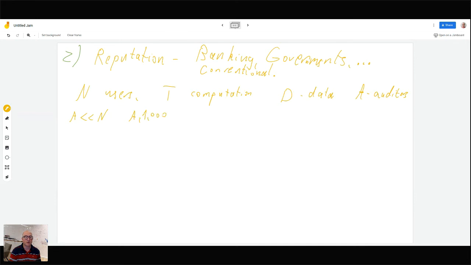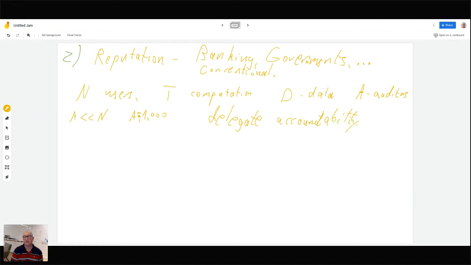So these are the accountants, the lawyers, the regulators that are coming in and inspecting the system and holding it accountable. So we delegate accountability to these people.